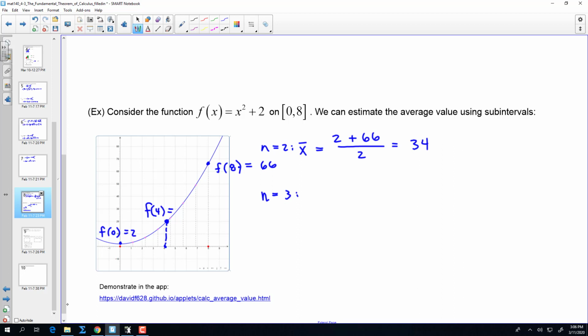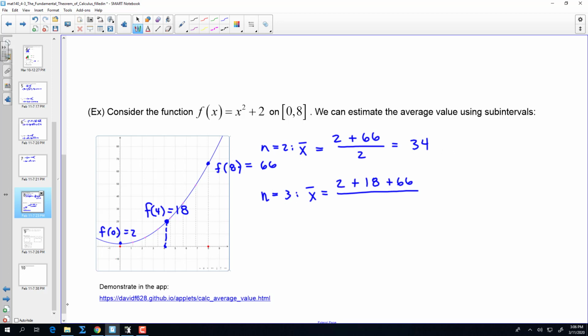So then the average now would look like 2 plus 18 plus 66, which you might be thinking, this is going to be strange, it's not going to work out because now I have 3 numbers added together. How in the world is that going to result in anything meaningful? But I'm now dividing by 3 as well.